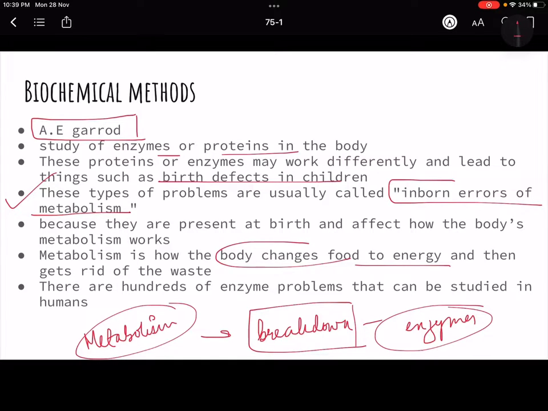And he called it inborn errors of metabolism, because he said it is present from birth itself, and it hinders our way of processing or metabolizing, okay? And then it creates disorders. So these disorders can be studied by biochemical methods, okay? There are hundreds of enzymes and hundreds of problems that can be studied using biochemical methods.